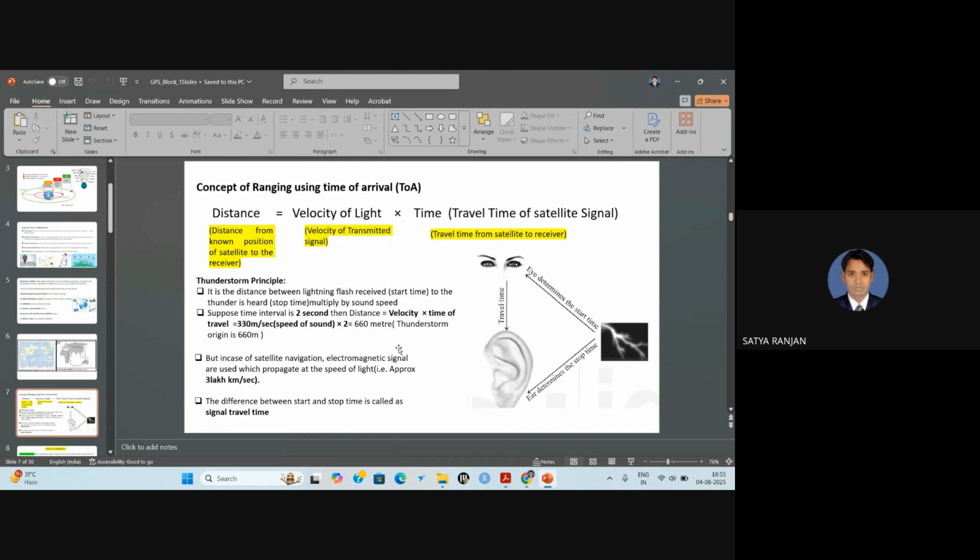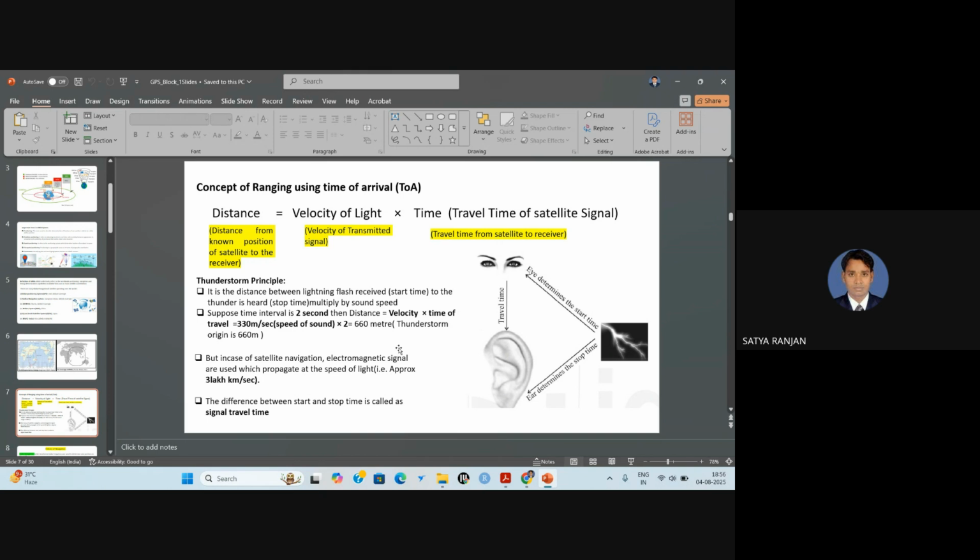Then time, that is the travel time of the satellite signal, how much time is taken to receive the signal from the satellite. This time is calculated with the help of different machines. So it is basically the travel time from satellite to receiver.